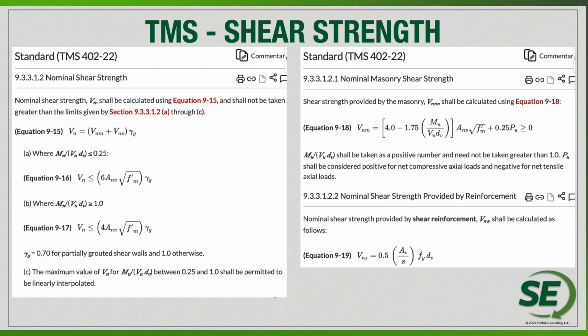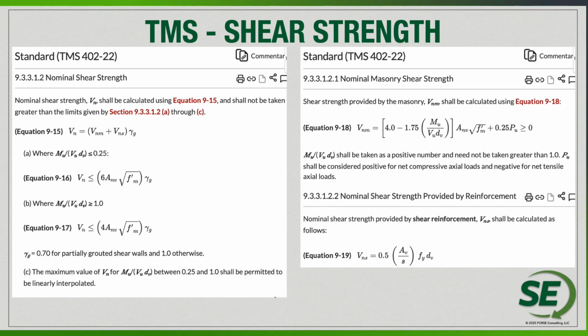We don't always need to add additional steel reinforcement to our concrete masonry shear walls. We certainly may have enough capacity with just the masonry, but that equation is what we need for determining the overall capacity. We know that when we have a higher ratio of moment to shear times the length of the shear wall, we have a little bit lower capacity.